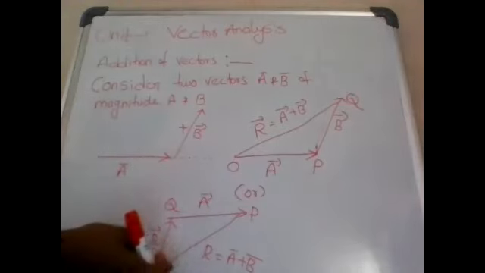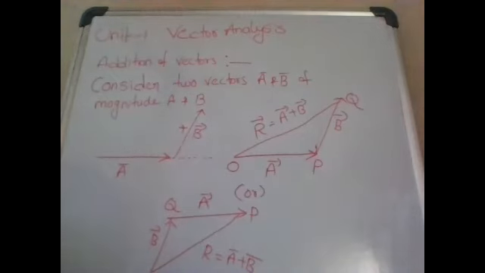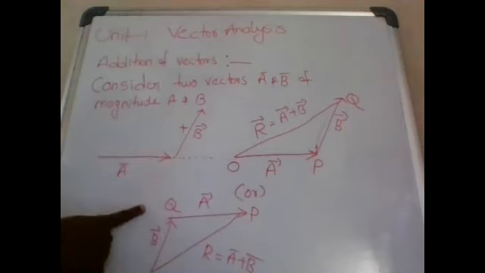This diagram we can also draw like this. Here the B vector first, that means the OQ line. First draw the OQ line.